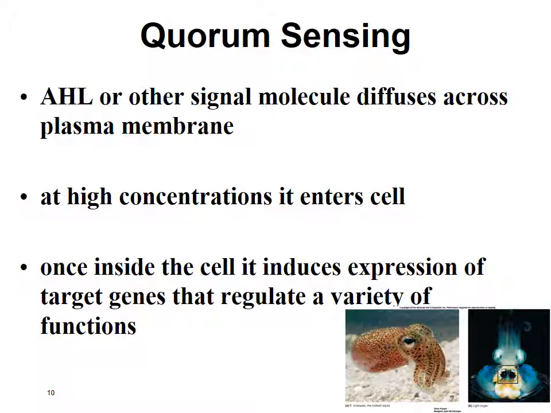So this actually provides the animal with a flashlight effect when all the microbial cells are producing bioluminescence at the same time. And in fact, many of these processes regulated by quorum sensing involve similar host microbe interactions, such as symbiosis and pathogenicity.